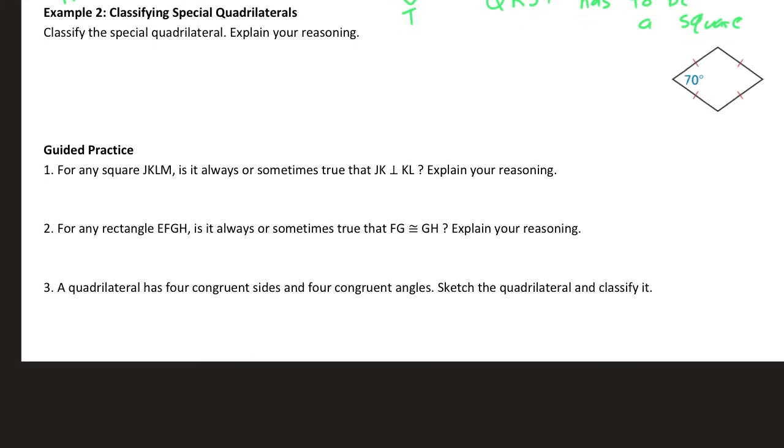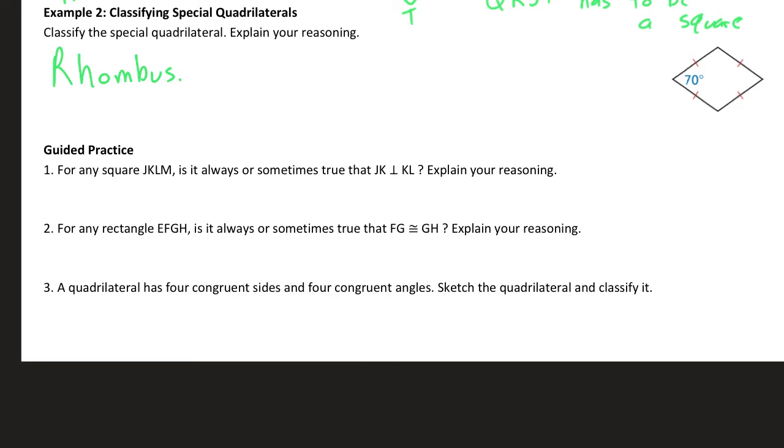classifying this special quadrilateral, we've got to be as specific as possible. Now, all four sides are congruent. So right off the bat, I'm thinking for sure it is a rhombus. Okay? And then I would think, if it's a rhombus, could it also be a square? Well, this shape can't be a square because all four angles would have to be 90 degrees.